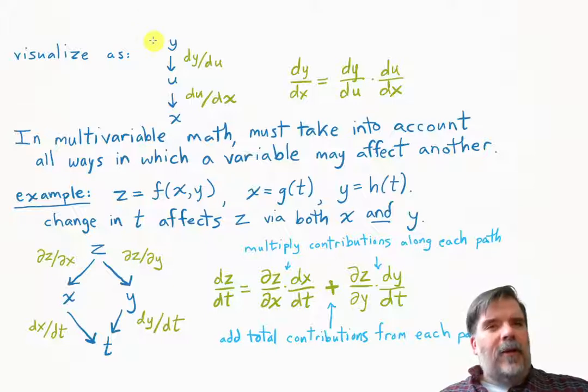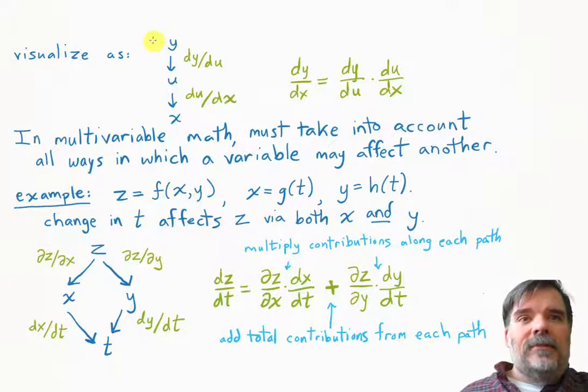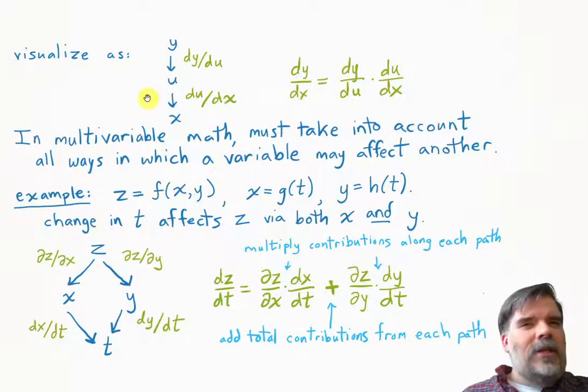Now, it would be very helpful to visualize this process as kind of a chain almost. Here we have y, which depends on u, and u, which depends on x. And so as x changes, we kind of accumulate changes at each stage of this chain.